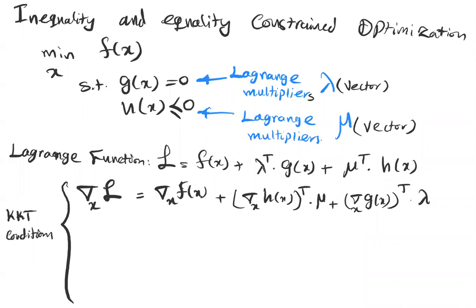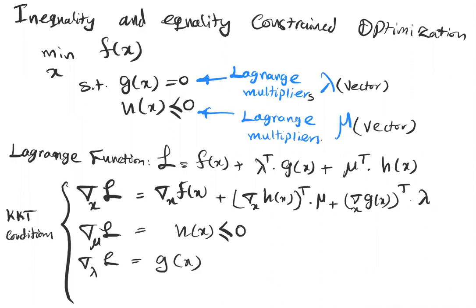This is the generic form. And then we have gradient of L with respect to vector mu, which gives us a set of inequality constraints. We have gradient of L with respect to lambda, which gives us our equality constraints.